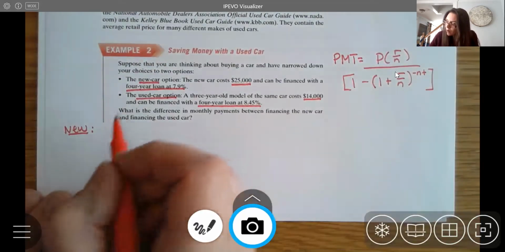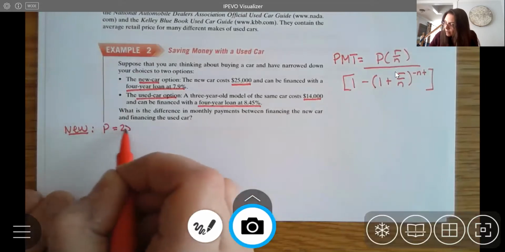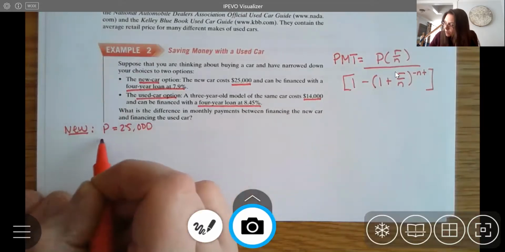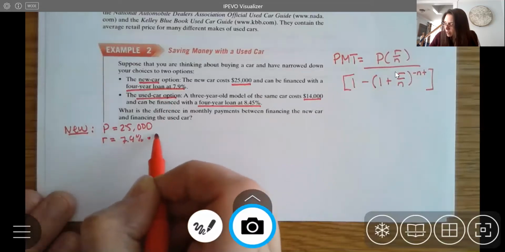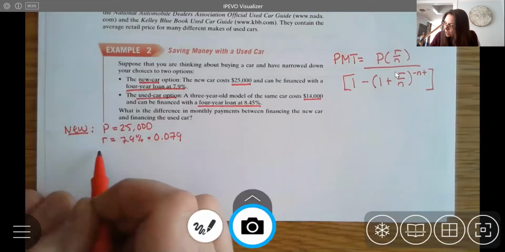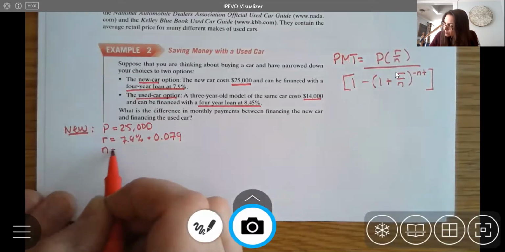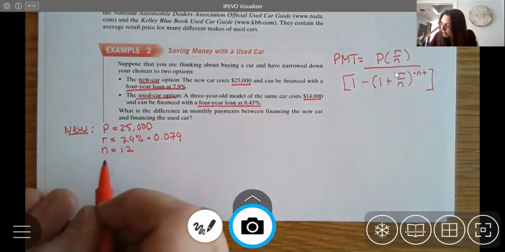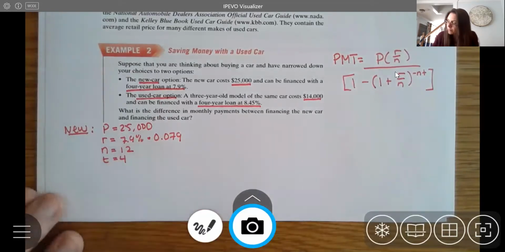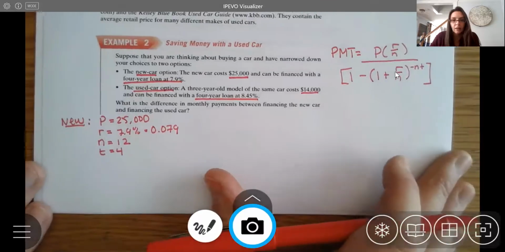All right, so for the new car, the P is 25,000. The R is 7.9%, and again, in decimal form, that's 0.079. Our N here is going to be 12 because we're paying it monthly. And our T is 4. So I'm going to plug all these values in here.